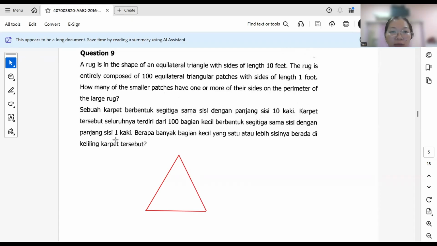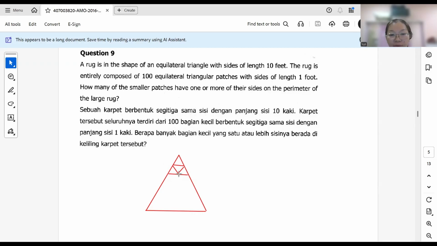The rock is entirely composed of 100 equilateral triangle patches with sides of length 1 foot. So that means it's going to be like this, and so on until the last, right?